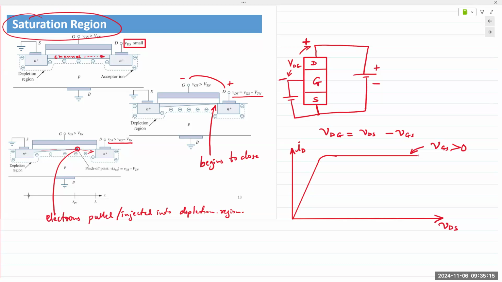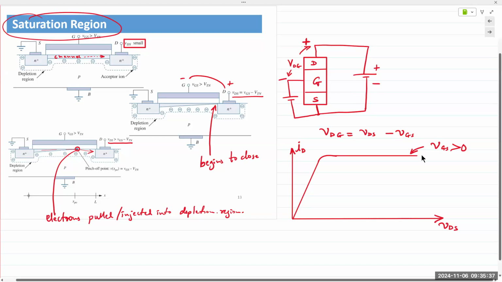So the operation and the cause of the pinch off is different than the JFET, but the resulting effect is exactly the same. Current still flows through the device, but it saturates at a high level.